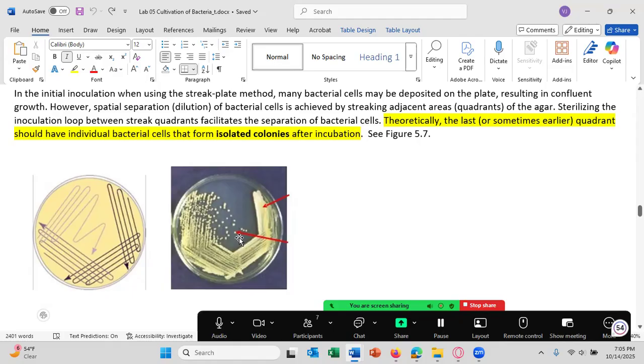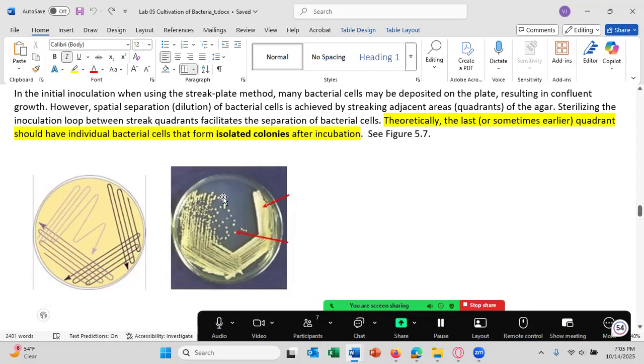Wherever you have a clump of cells, you're likely to have a mixed culture in this colony. It may look pure, but you have to streak it out on another plate to make sure it's a pure culture.